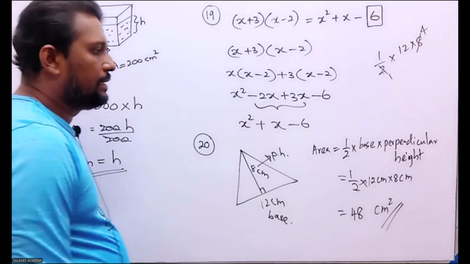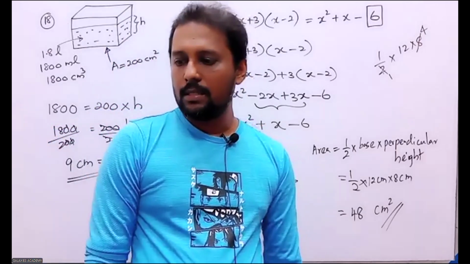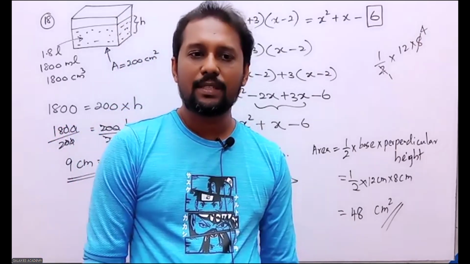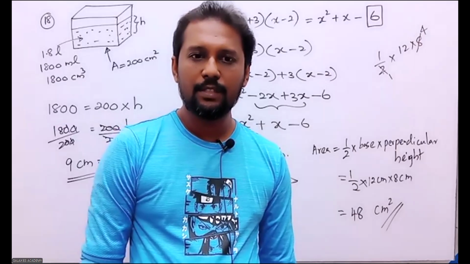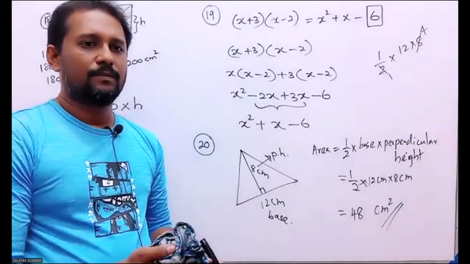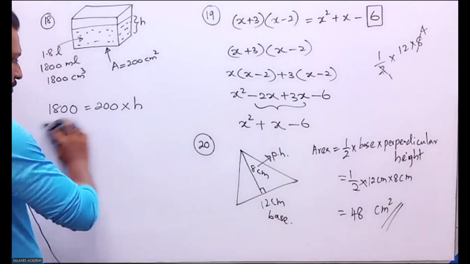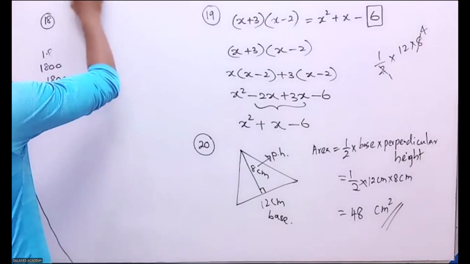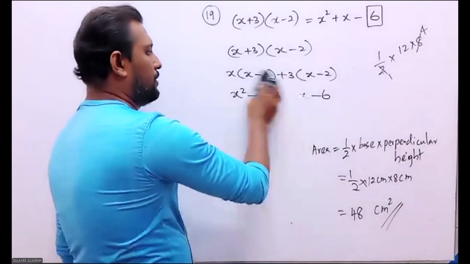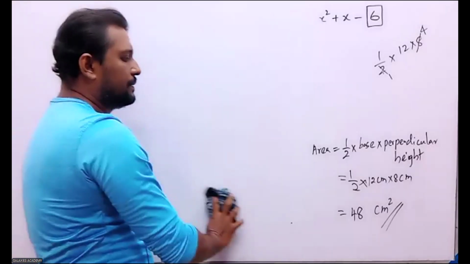Right now, I have already discussed the first 20 questions of the first part. Each question you can get 2 marks. Right now, can you send me how many questions are correct out of 20 into chat? Right, all of you send. Okay, how many questions are correct out of 20?